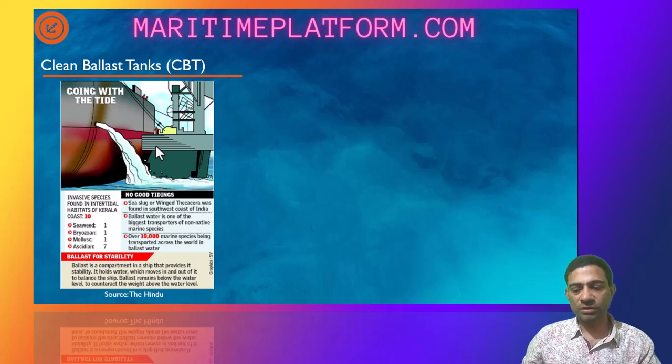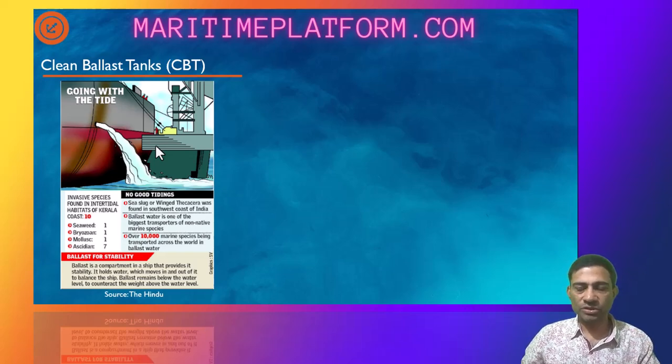We will not divert much from the topic of pollution. Overall you can understand that the clean ballast tank used to load ballast in cargo tanks after cleaning the cargo tank after the discharging operation. So the ballast with the oil traces will be loaded onto the ship.